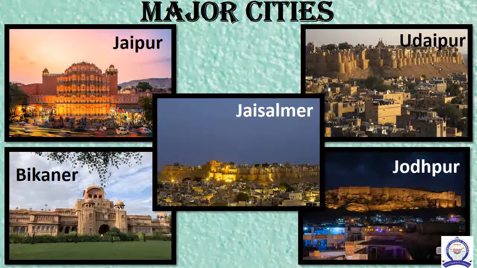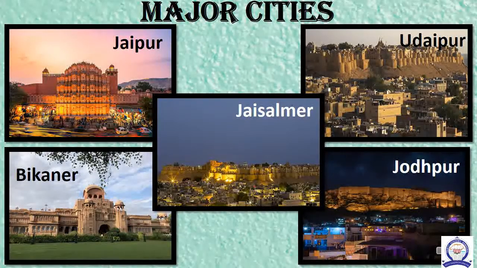Major cities. Rajasthan is a major tourist spot in India because of its rich culture, famous forts, palaces, fairs and festivals. Jaipur, Udaipur, Jodhpur, Jaisalmer and Bikaner are some cities. Jaipur is the capital of Rajasthan. It is also known as the Pink City.